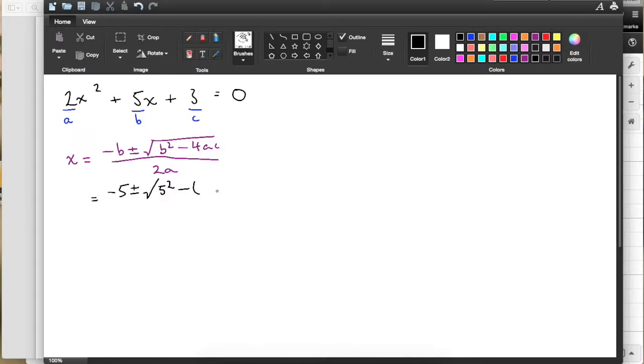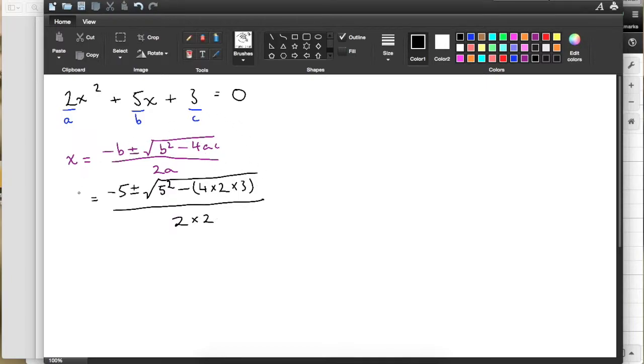I've put an open bracket there, so 4 times a, which is 2, times c, which is 3. And all of that is under the square root sign, on top of 2a, and a in this case is 2, so 2 times 2.